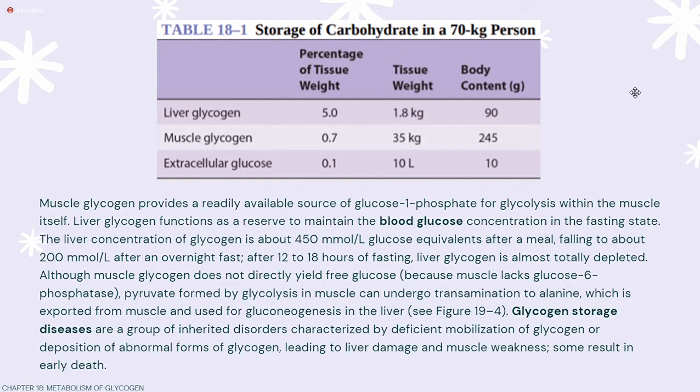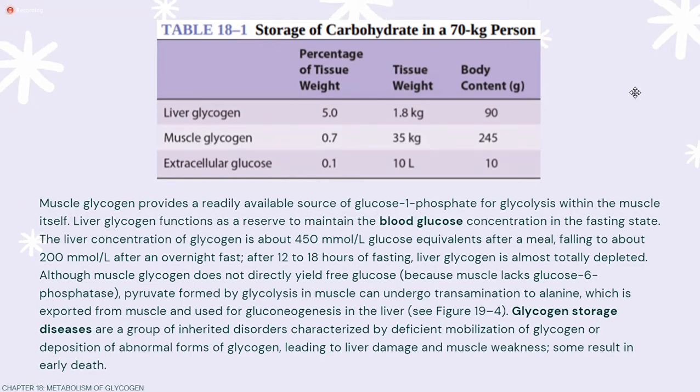But because the liver is only 1.8 kilograms and the muscle is 35 kilograms, you will only have 90 grams from the liver, while you will have 245 grams from the muscle.